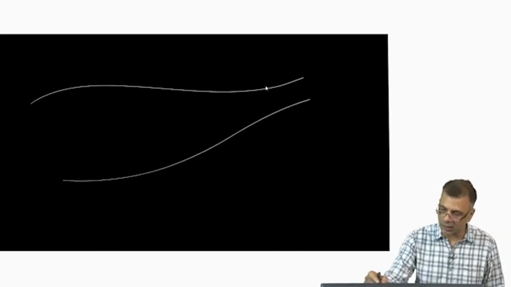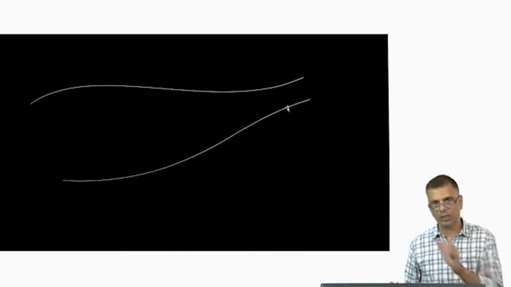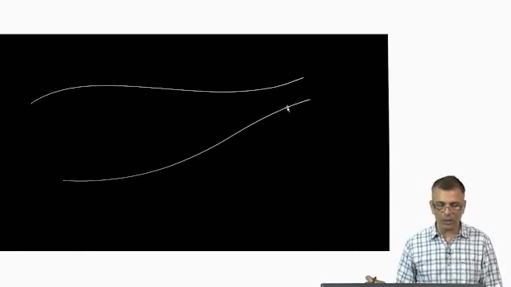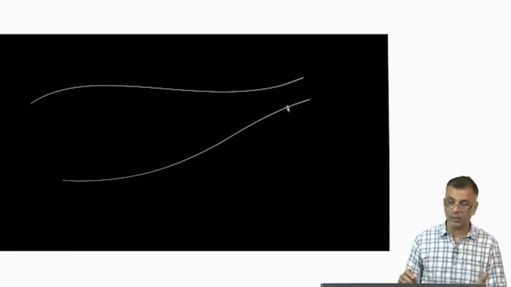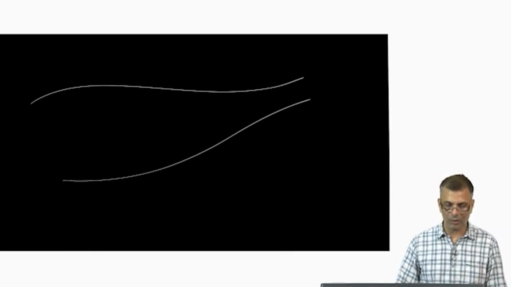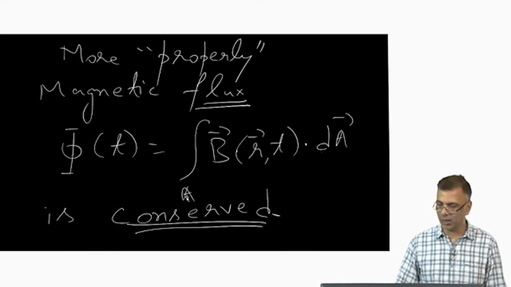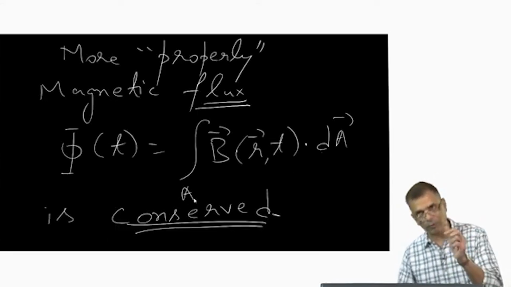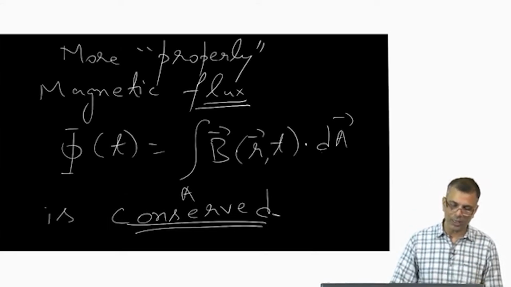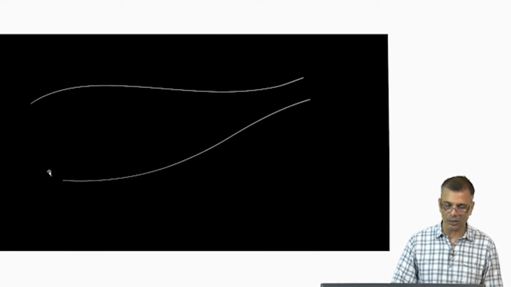Here you see the area is smaller, and if the flux has to be constant, then the magnetic field has to be larger. The area is smaller where the flux tube is constricted.